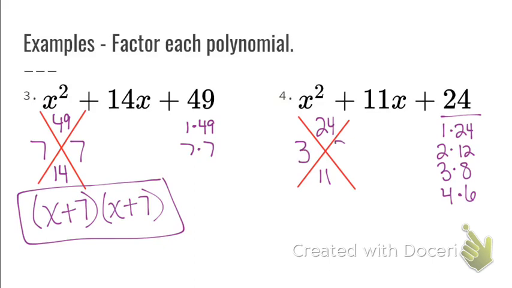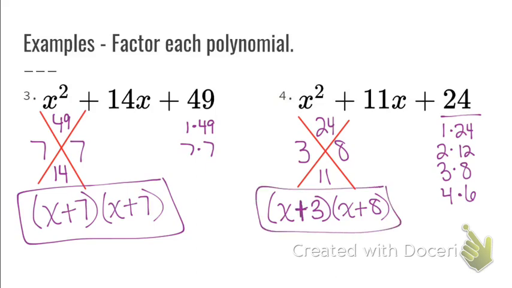So those are the numbers that finish my X, and those are the numbers that I use when I write my answer as a multiplication problem. Okay, questions or concerns, write them down. I'm going to move on to our last 2 problems.